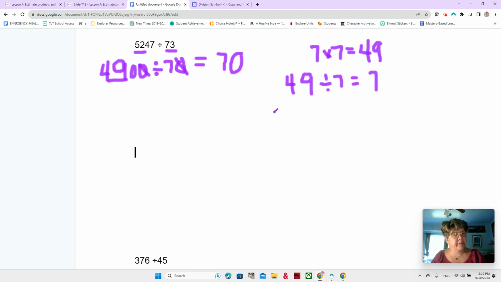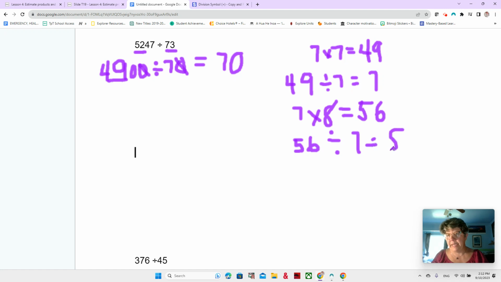Is there another number that we could divide by 7? What about 7 times 8? And of course, you can look at your multiplication chart to help you find some good ideas here. 7 times 8 is 56. So 56 divided by 7 is going to be 8, right?